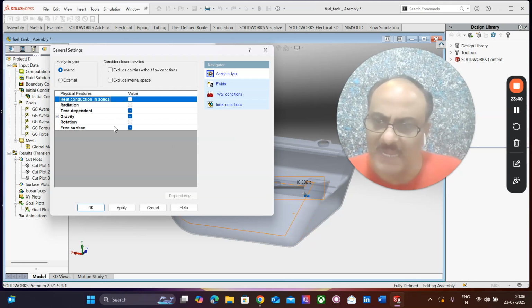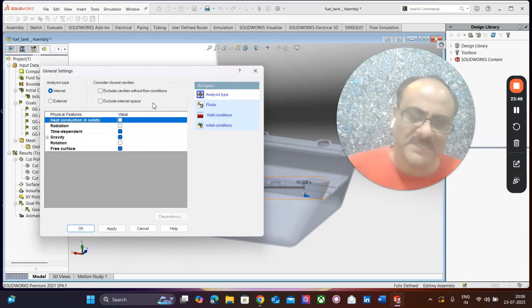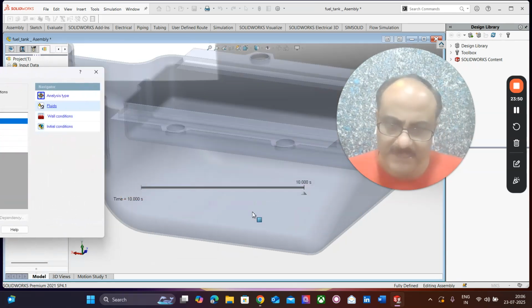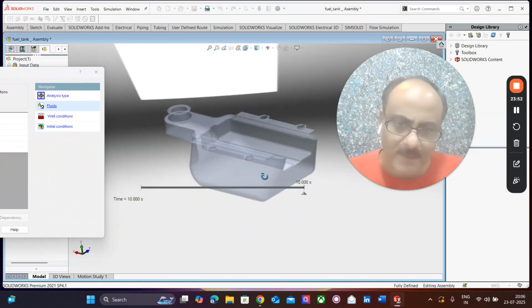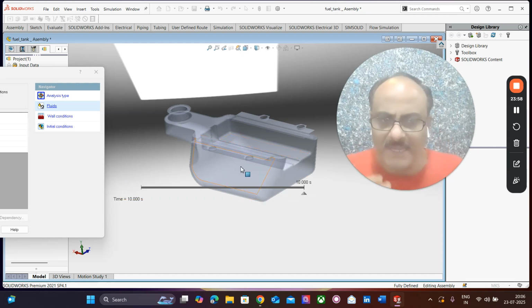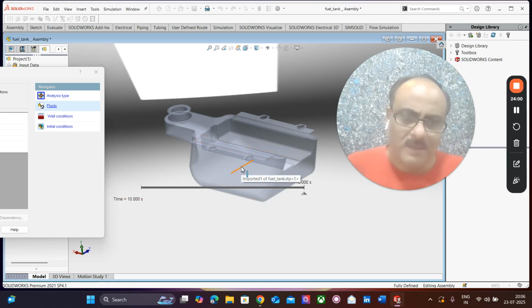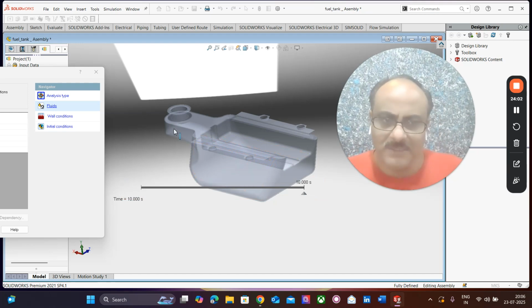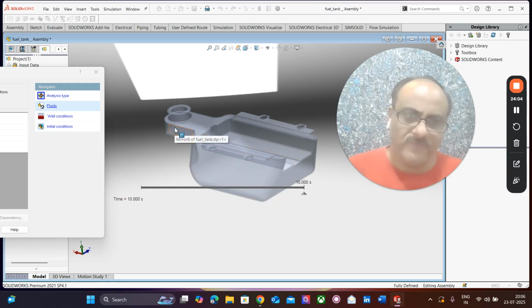So we select the gravity, and we also give it a free surface. Why we give a free surface is that there are two different fluids acting inside the tank. As I told you, one is going to be the fluid, and then there is going to be air. So it's a mixture of air and the fertilizer. Until it has air and fertilizer, there is no friction involved.